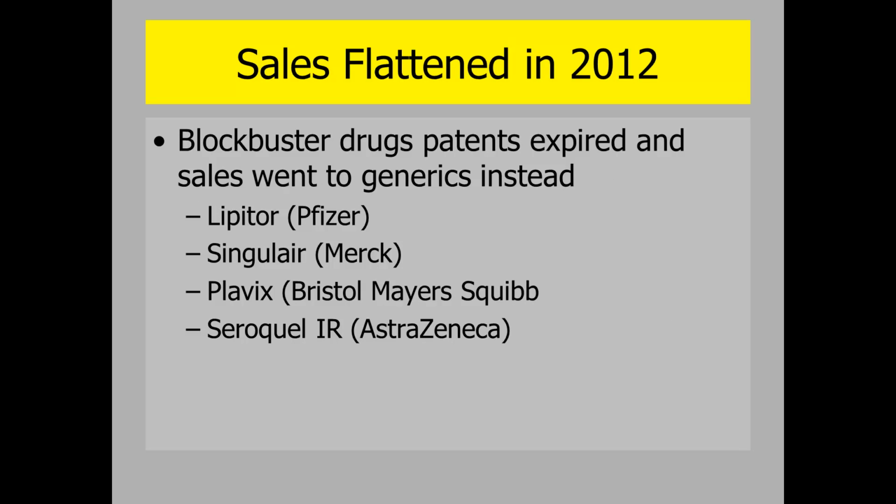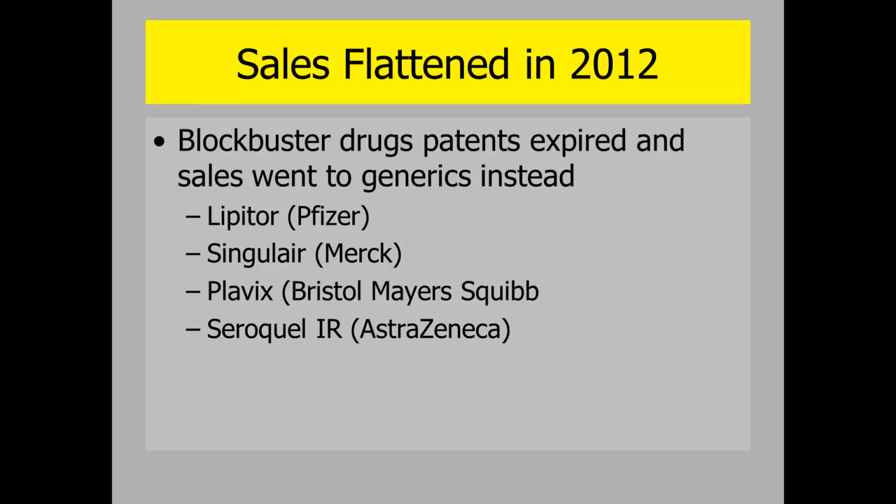As I mentioned, the chart for growth of sales for pharmaceuticals flattens in 2012, and that's because a group of blockbuster drugs had their patents expire, and the sales went to generics.